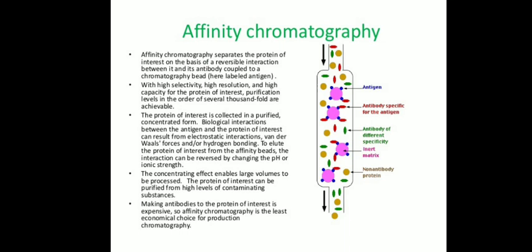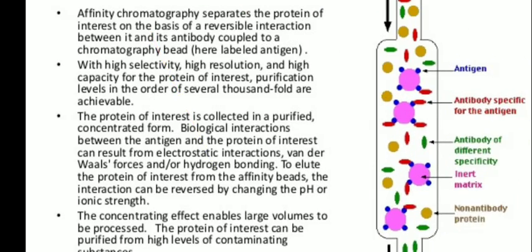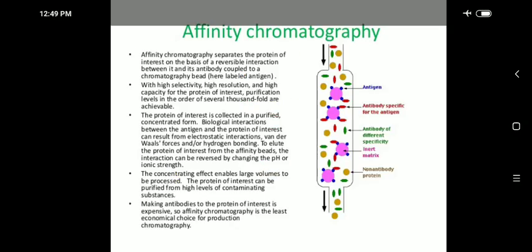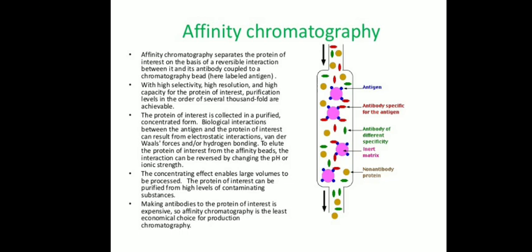Next one is affinity chromatography. The name itself indicates there should be some kind of affinity between the mobile and the stationary phase. Affinity chromatography generally separates the protein of interest on the basis of reversible interaction between it and its antibody coupled to the chromatographic beads.